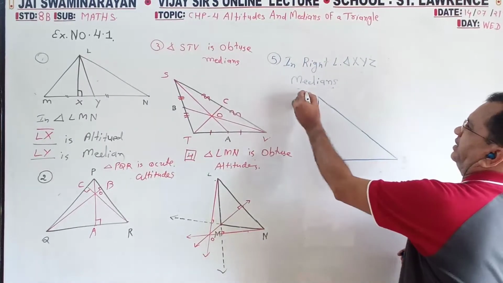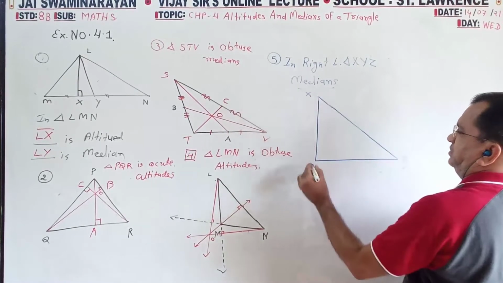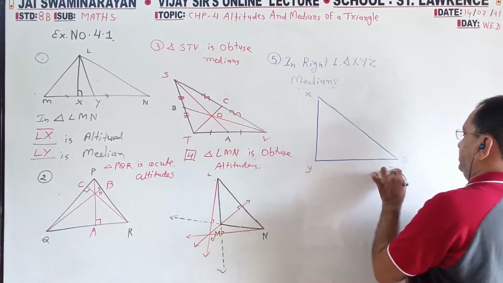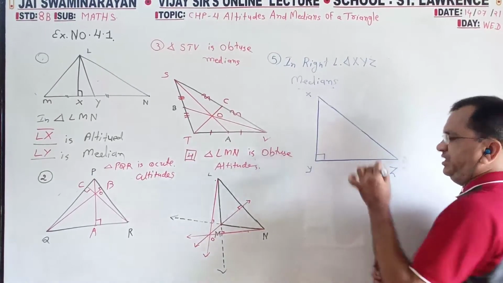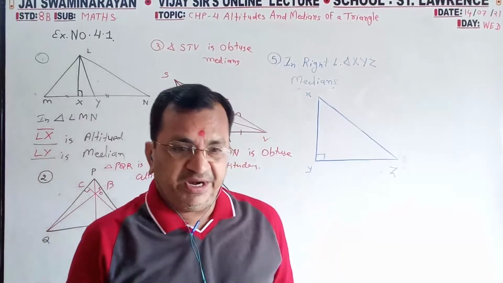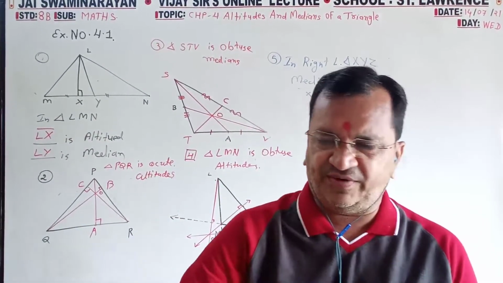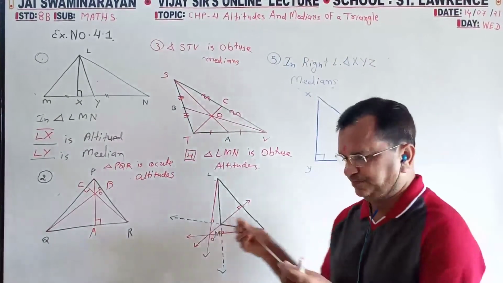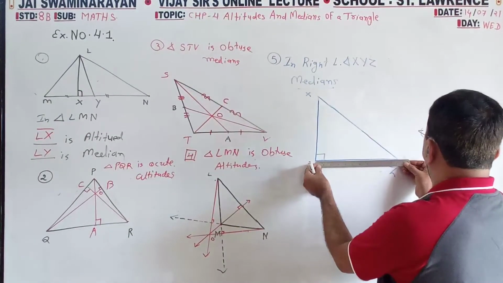Right angle triangle X, Y. This is 90 degree. So you have to show the box mark. Now median. So we will find out the midpoint. This midpoint.